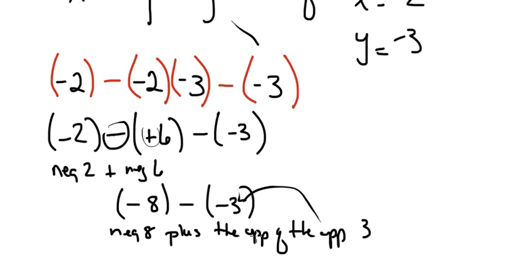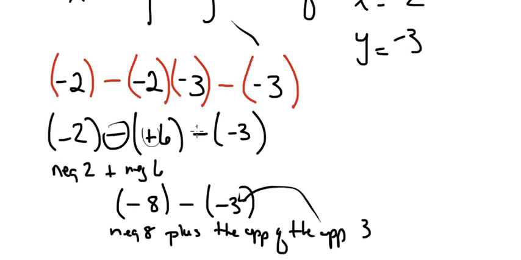First of all, what is the opposite of 3? What is the opposite of that? So the opposite of the opposite is going to be a positive. And guys, listen, we have an opposite and an opposite equals a positive. But remember, what do we know when we have two like signs?